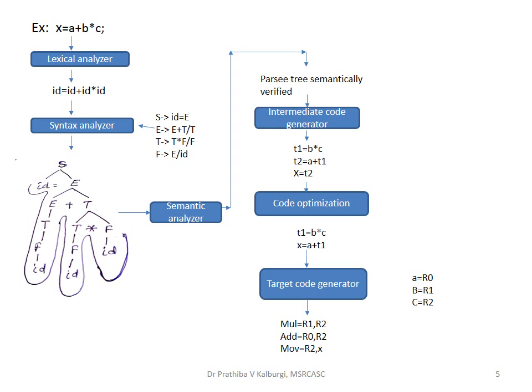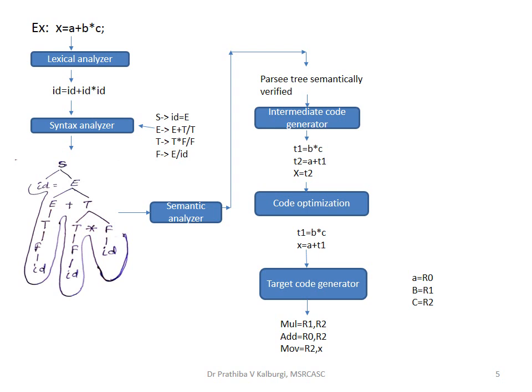The syntax analyzer accepts all the tokens one by one along with the grammar, and it makes use of the rules of the language, which is nothing but the production. If you observe the statement here, we have S, that is nothing but the statement, which is going to derive an identifier and an expression.